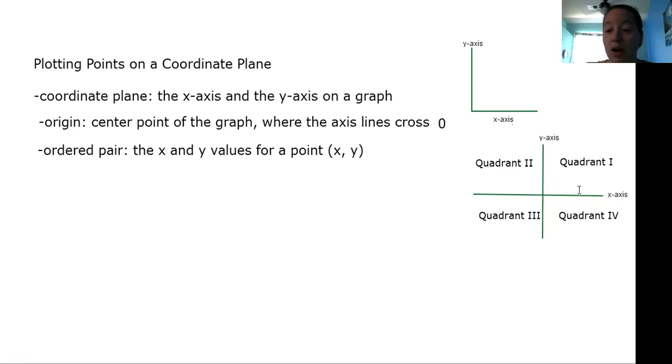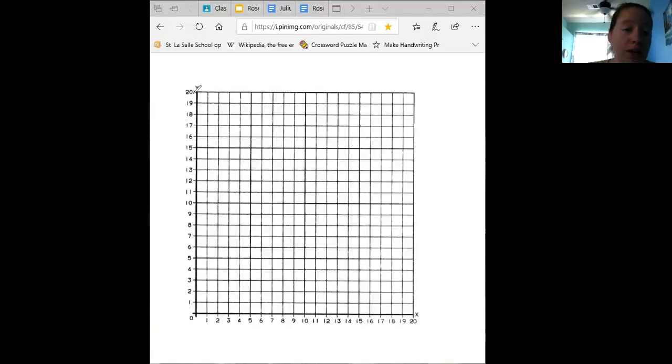Now, let's try graphing some of these onto an actual graph. So you can see over here, I have graph paper. This is only for the first quadrant, where all the values are positive. So if I sit here, and let's see, in green, shall we?